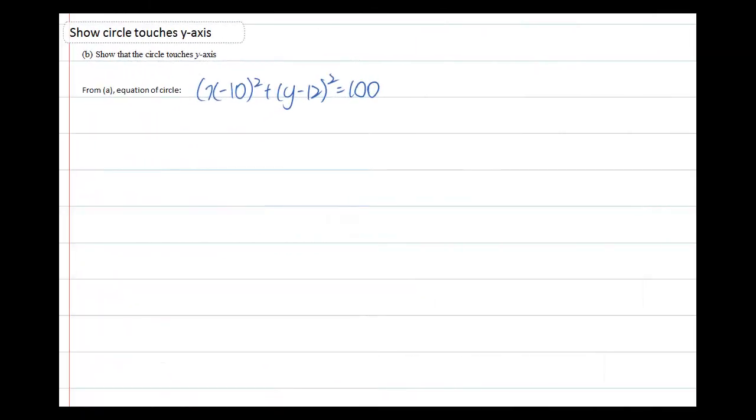Hi everyone, this is the second part of the earlier question, which asks us to show that the circle touches the y-axis. So when we have the circle touching the y-axis, it means that the x-coordinate of the point is 0. So we're going to investigate what happened to the equation when x is equal to 0.